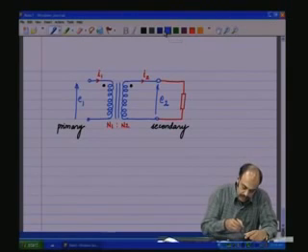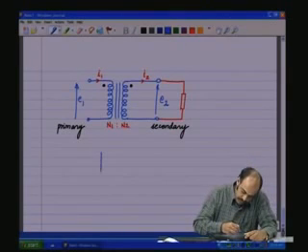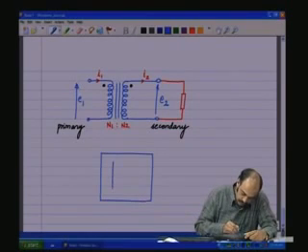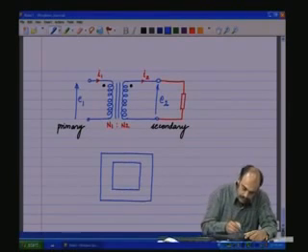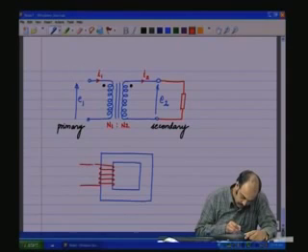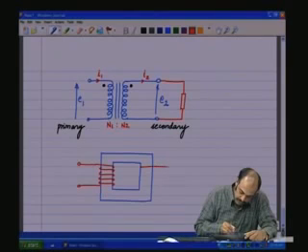Now let us represent this as our conventional winding that we used to do before with a rectangular core. Let us say we have a core as shown here. There are some windings. So we have the primary side winding. We also have the secondary side winding.